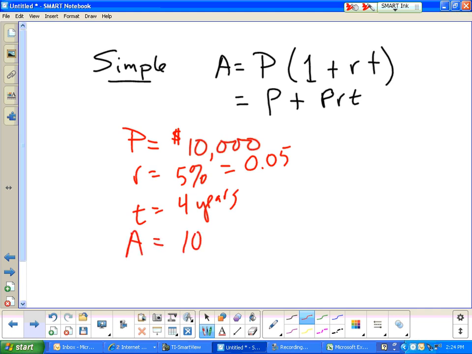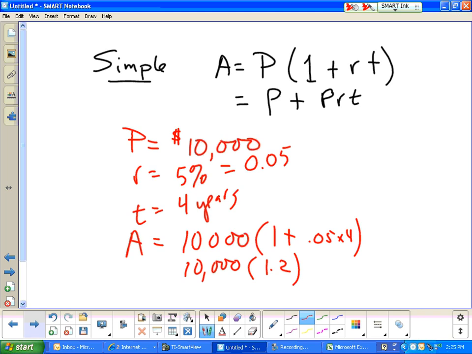You start with $10,000 times 1 plus 0.05 times 4. I'll go into the math. 0.05 times 4. Order of operations says you do the multiplication first. So this becomes 10,000 times 1.2, or $12,000.